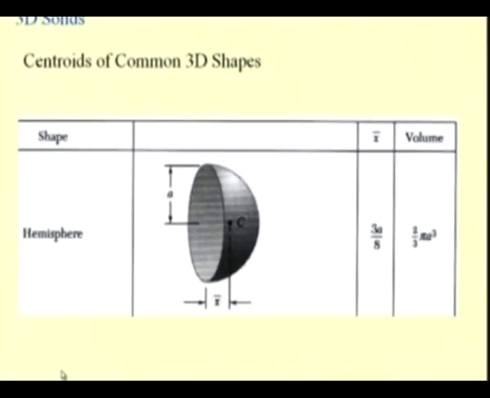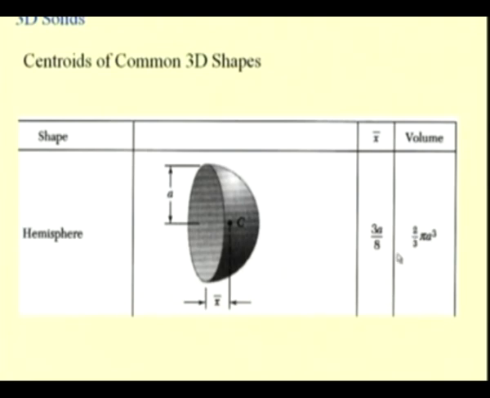Here you see one hemisphere, and the centroid of the same is located at this point C, and since we have this symmetry along this diametrical plane, the centroid lies in that, and it lies at a distance of x bar from this diametrical plane, and that distance is 3a by 8, where a is the radius of the hemisphere, and volume again by integration it can be found.